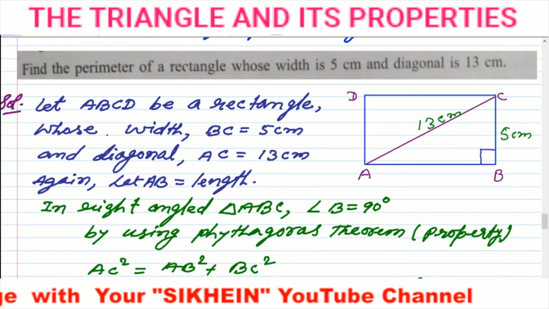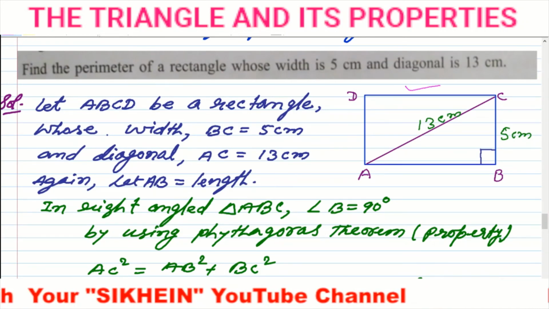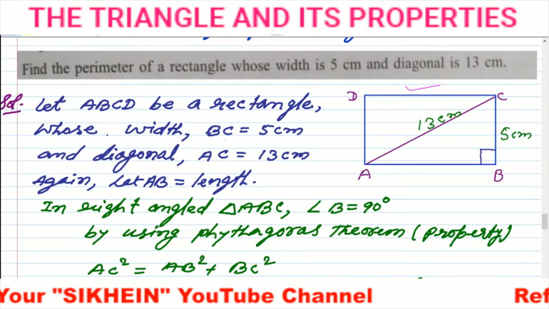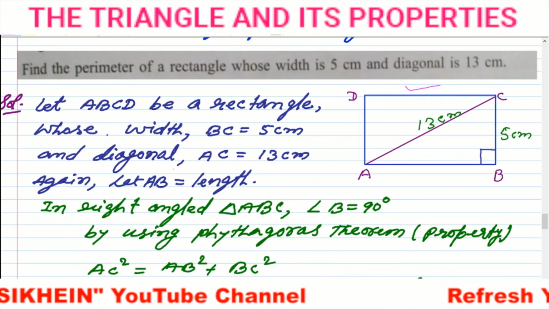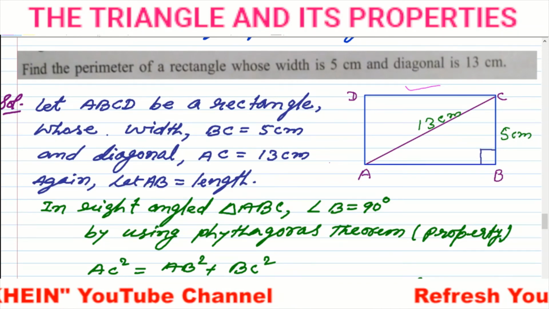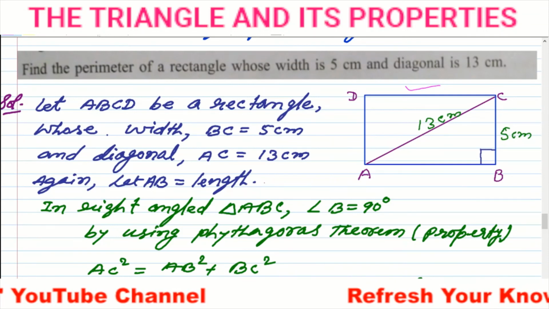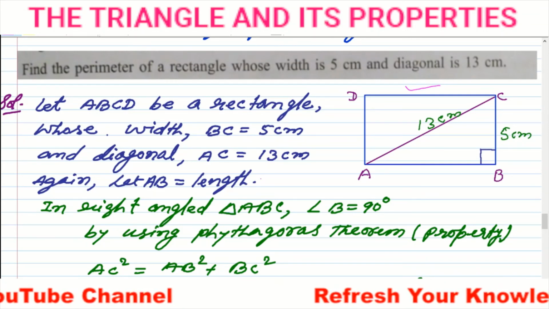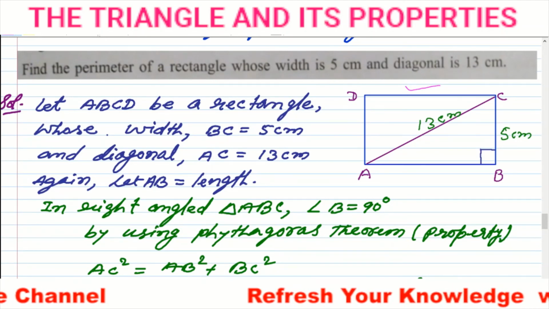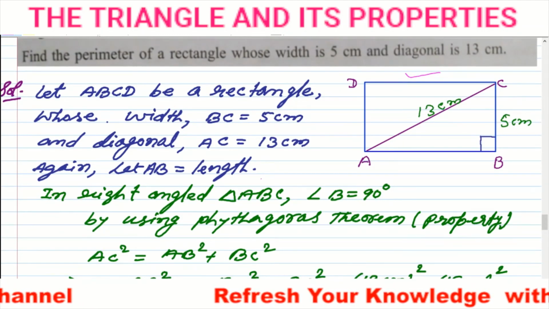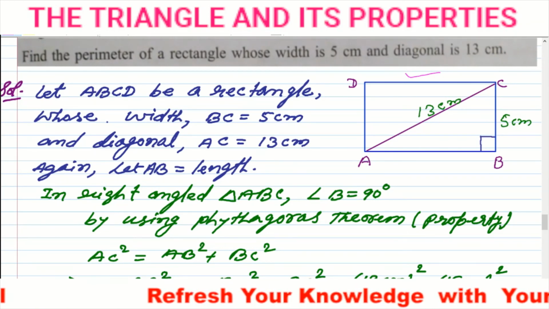In the question, let ABCD be a rectangle whose width BC equal to 5 centimeter and diagonal AC equal to 13 centimeter. Again let AB equal to length, which we will find, and with the help of this length we get the perimeter of the rectangle, right?